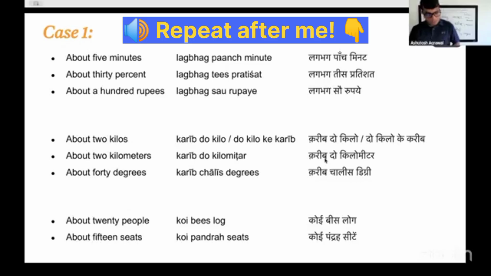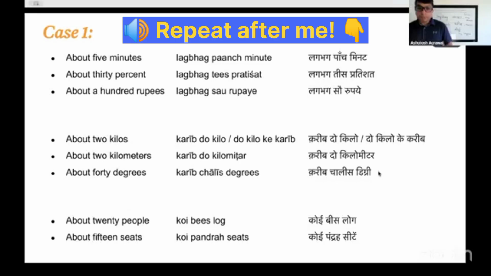Wonderful. You want to make small sentences using these phrases: करीब 2 किलो, करीब 2 किलोमीटर और करीब 40 डिग्री. Let's say you want to talk about the temperature. आज का तापमान लगभग 40 डिग्री है. Very good, right? Grocery shop: ये दुकान यहाँ से करीब 2 किलोमीटर दूर है.